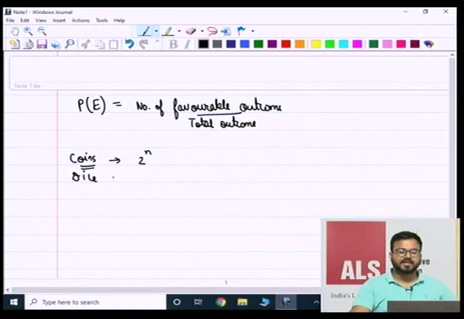Similarly, we have done dice, questions on 1 dice and 2 dice. The total number of outcomes for dice is 6 power n, where n is the number of dice. If we roll 1 dice, the total outcomes are 6. If we roll 2 dice together, the total outcomes are 36, and for 3 dice, 6 cube, which is 216.